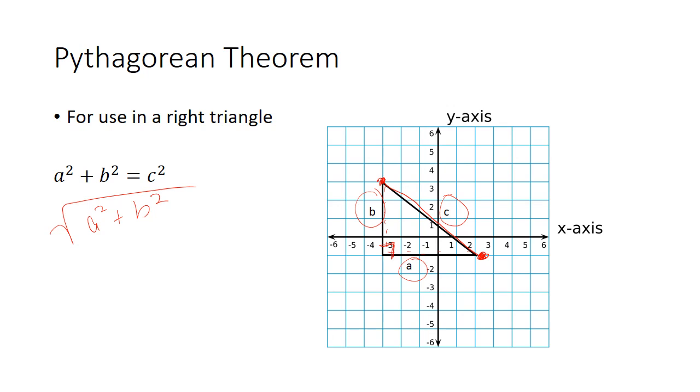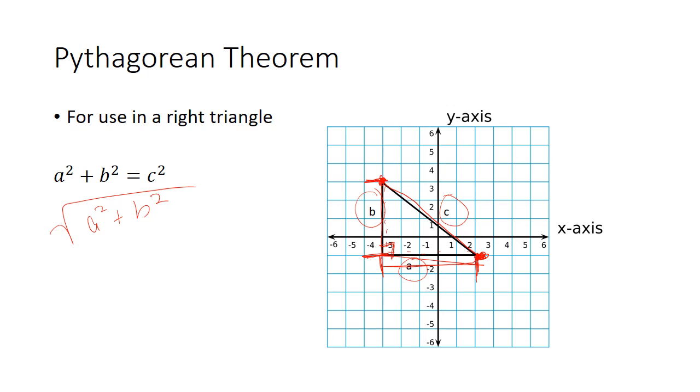The difference between your x value here and your x value here is the distance of A. So you would take this point minus this point to get your distance of A. And the same thing with your b. What your b is measuring is your change in your rise, your y value in your coordinate plane.